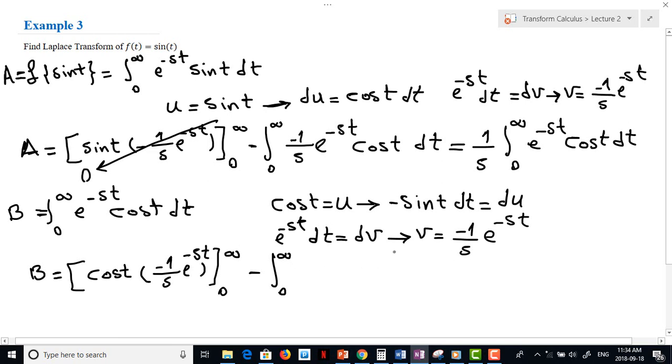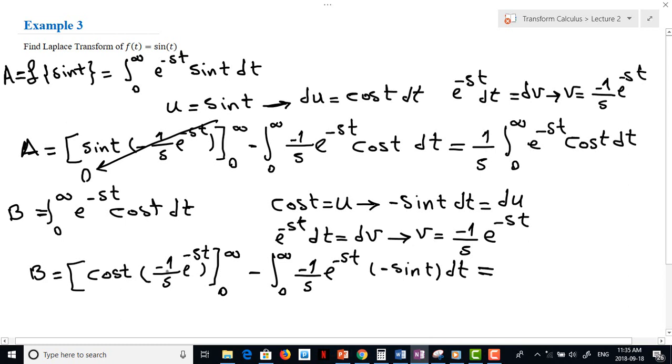So v, here we have it, it's minus 1 over s e to the power of minus st, and the du is minus sine t dt. So let's find this part.